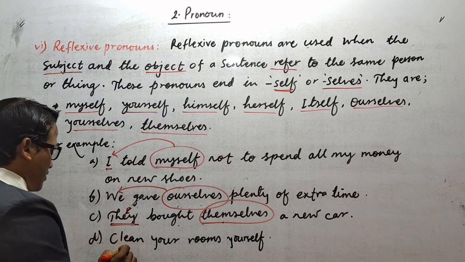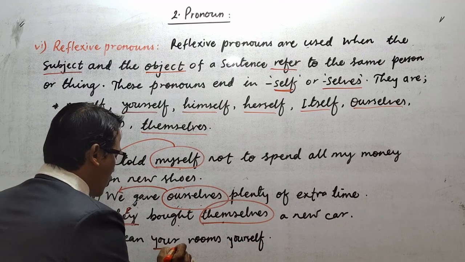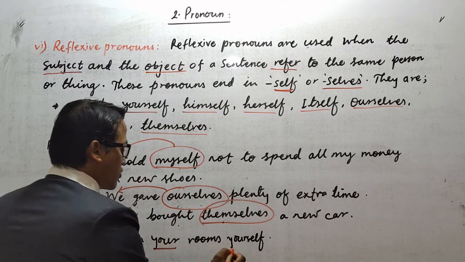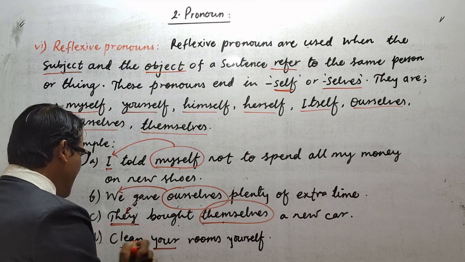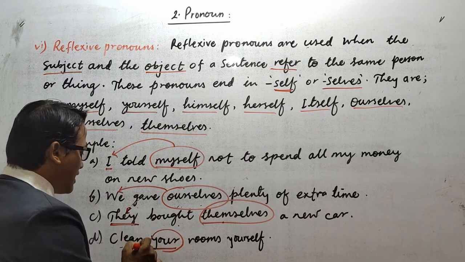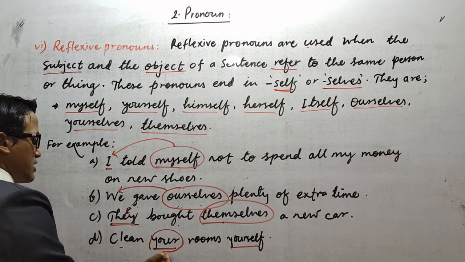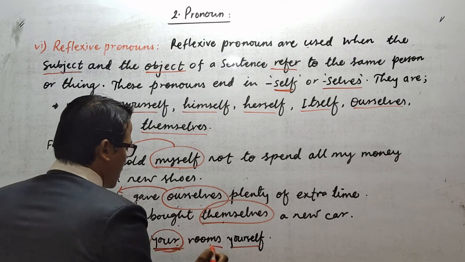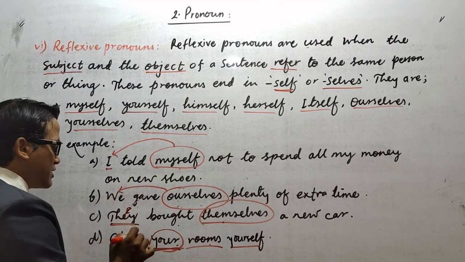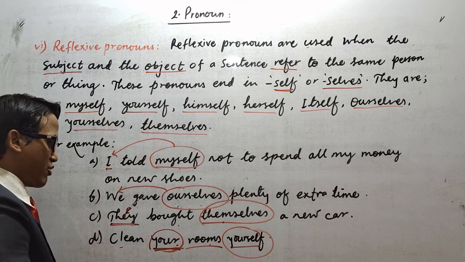Similarly, look here. Clean your room yourself. Here the subject is omitted, so that's why it is your. Clean your room yourself. This is also a self form. Your room is functioning as the object. That's why yourself is a reflexive pronoun.